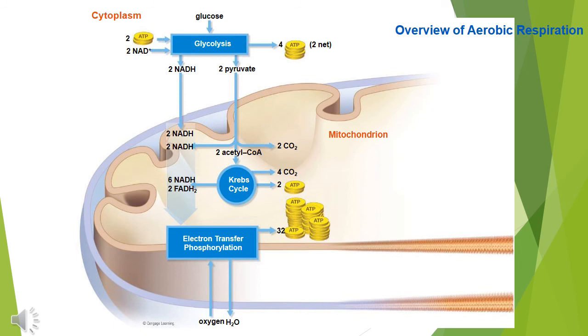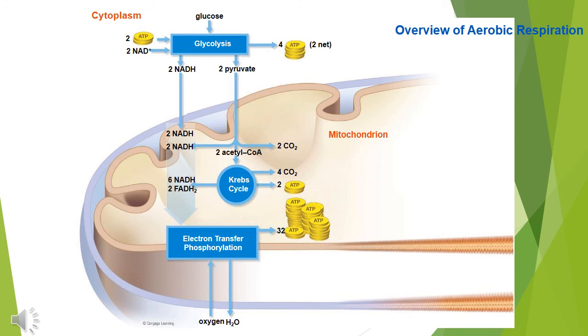So we're going to take that glucose that we got from photosynthesis, and we are going to take out some of the coenzymes. We've gone from the NAD plus to the NADH, and then we have 2 pyruvate, and a net yield of 2 ATP happening off to the side there.